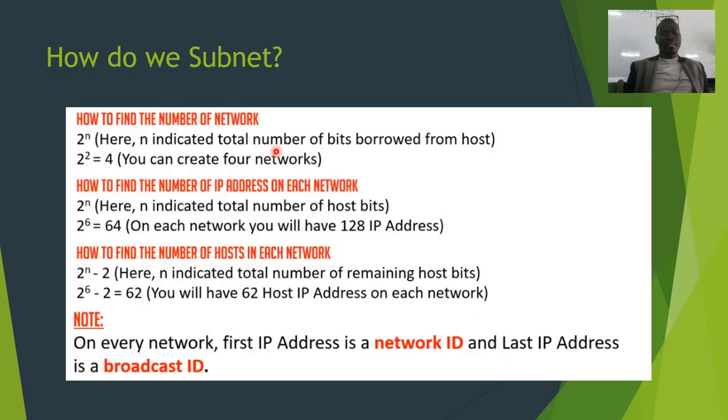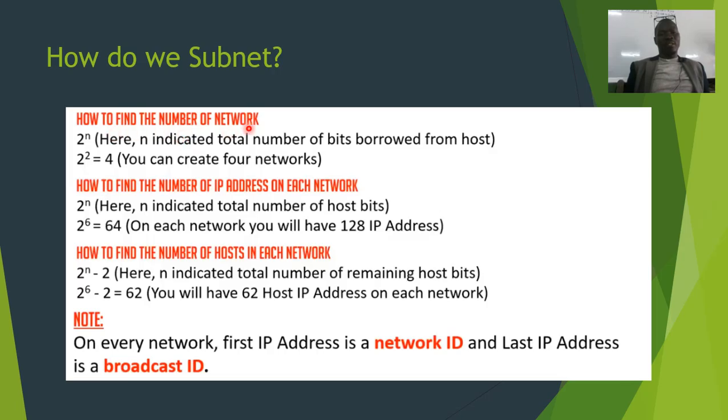Now, how do we subnet? Before we subnet, we shall need to find certain values that will help us subnet a given network. Given an IP address, you'll first of all need to find the number of networks that can be created in it.